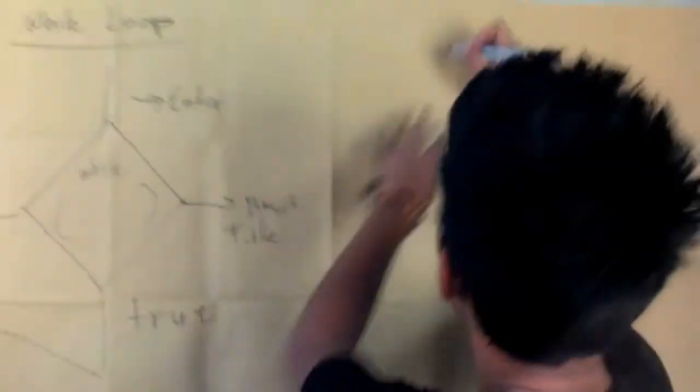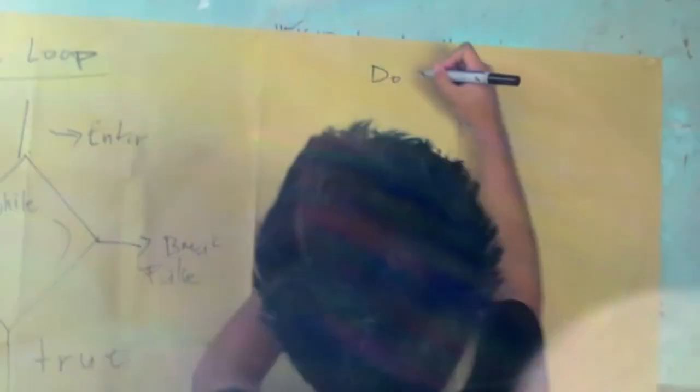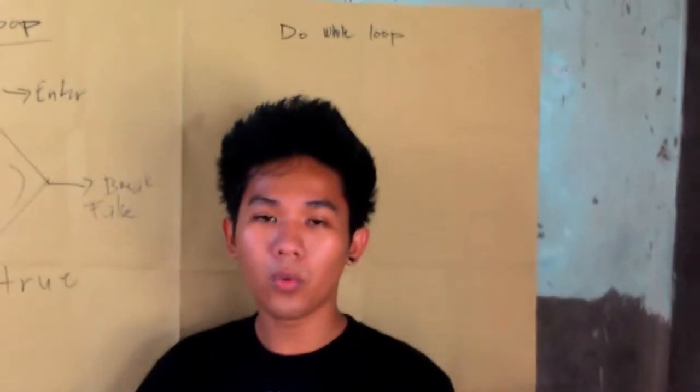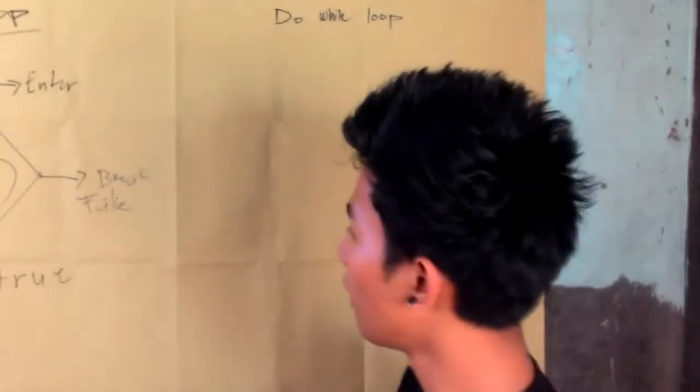And then I'm going to teach you the do while loop statement. The difference of do while loop is that the statements go first.